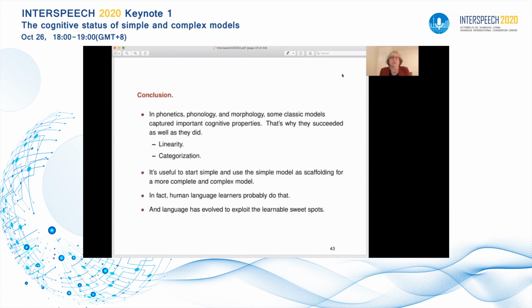And I think it's useful to start simple and use the simple model as a scaffolding for building a more complete and complex model. And in fact, human language learners probably do that. And language has probably evolved to exploit these learnable sweet spots.